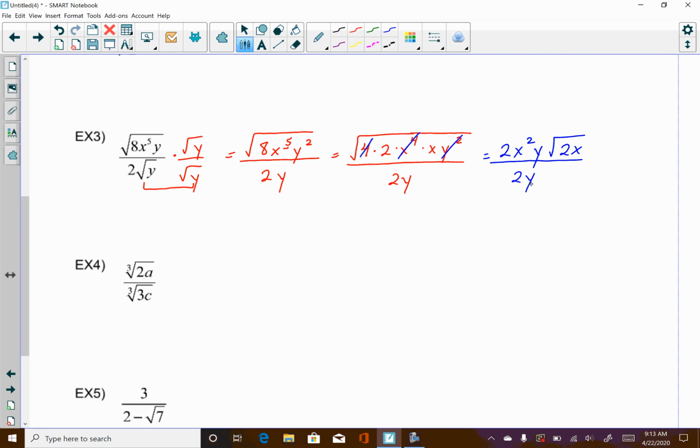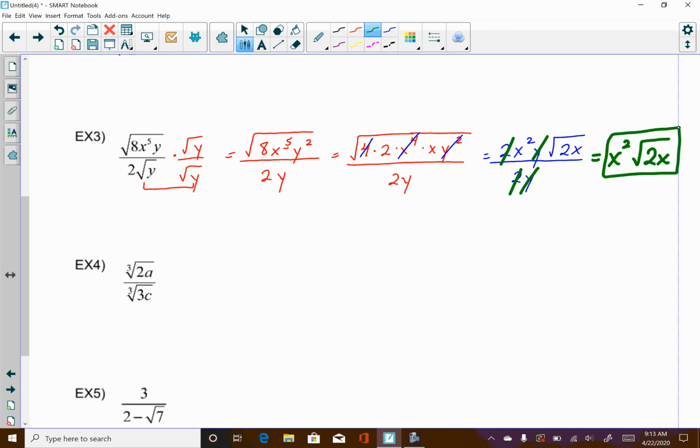It is legal at this point to cancel out anything on the top and bottom that are alike, or reduce, if you think of it that way. It is legal that these 2's would cancel out, as well as these y's. So then that would leave me as a final answer x squared on the square root of 2x.